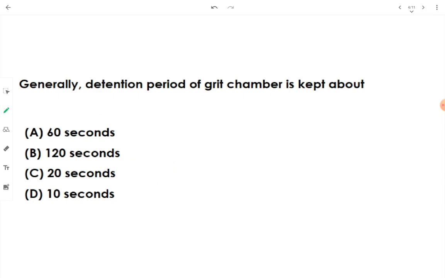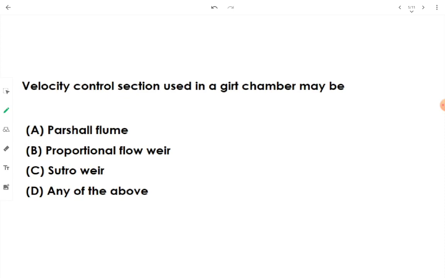Then let's go to the next question, which asks about the detention period of a grit chamber. Generally we adopt detention time, that is DT, for the grit chamber between 45 seconds to 90 seconds, and the common time taken as detention time is 60 seconds or 1 minute. Then the velocity control section used in a grit chamber may be a Parshall flume, proportional flow weir, Sutro weir, or any of the above.